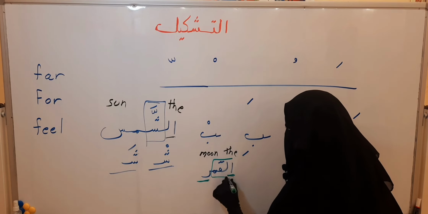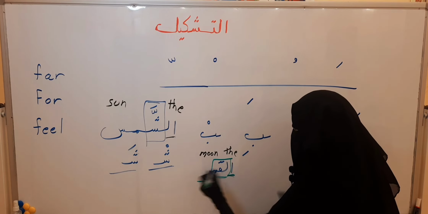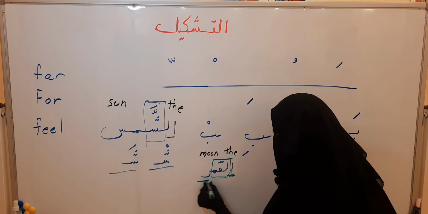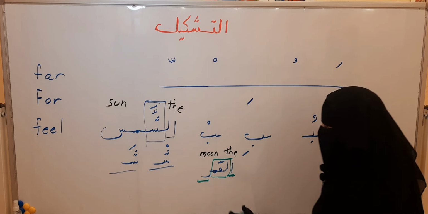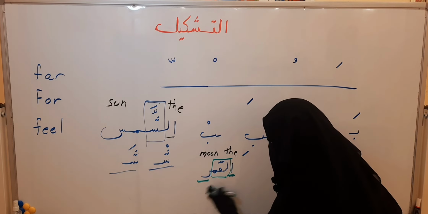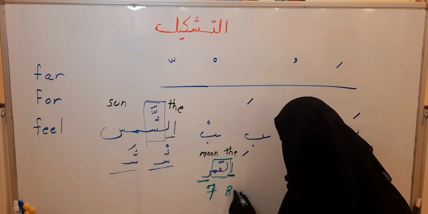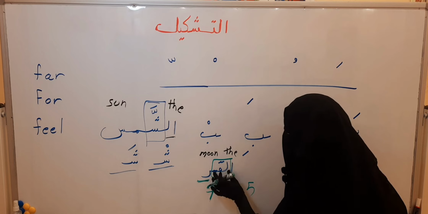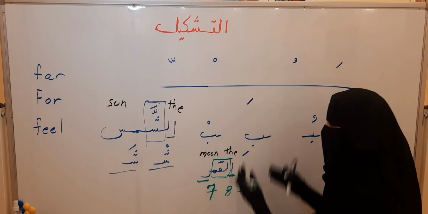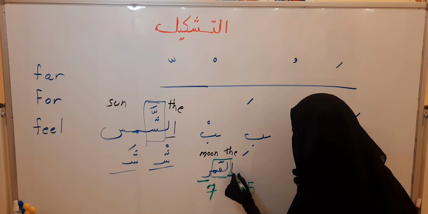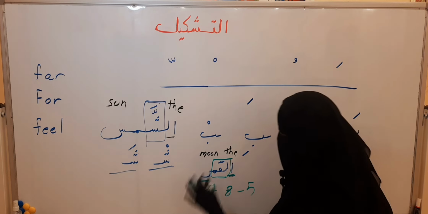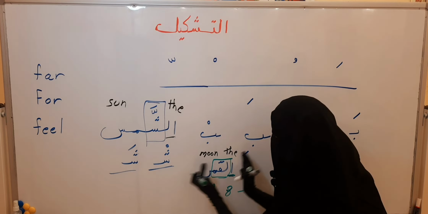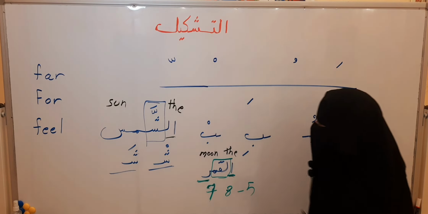Every letter between the first letter and the last letter, we call it in the middle of the word. If it was 7 letters, or 8 letters, 5 letters, whatsoever, all these letters are in the middle of the word. The first one is the first of the word, the last one is the last in the word, and the letters between them are in the middle of the word.